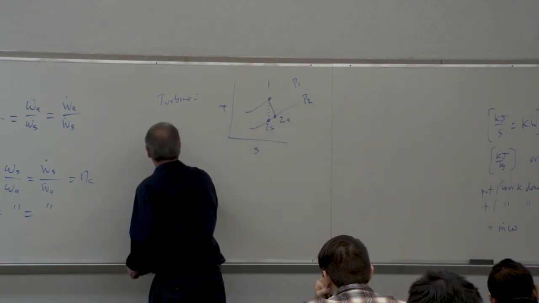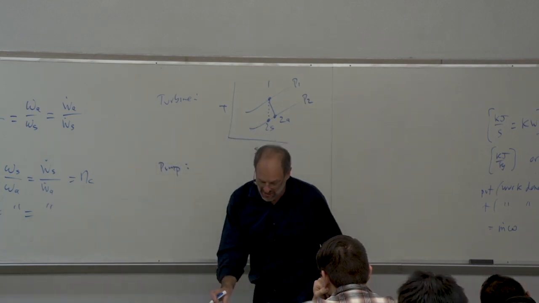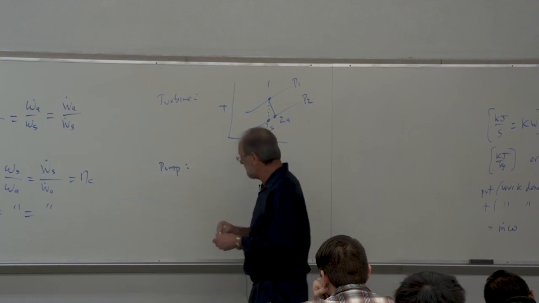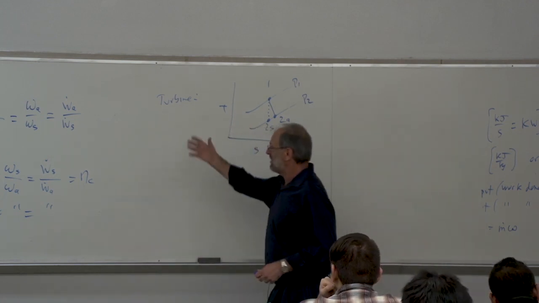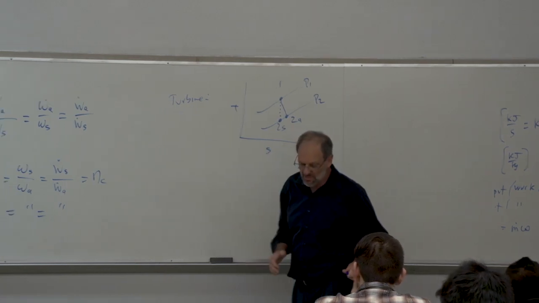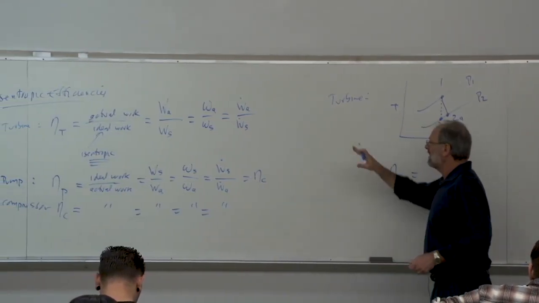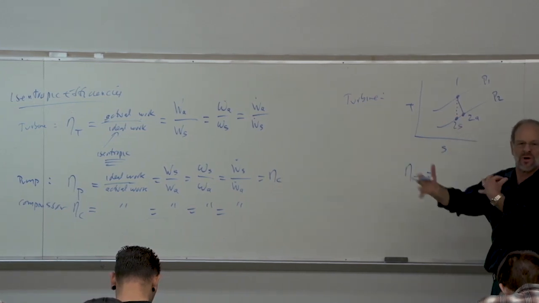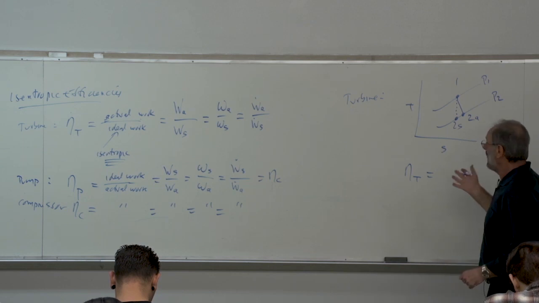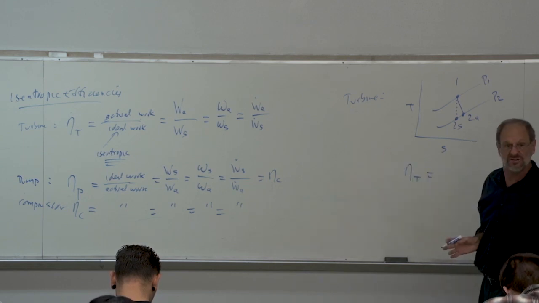Now, if we look at a pump, oops, I guess I better give you the equation before I talk about the pump, right? So what does this mean from the standpoint of the equation? Well, let's go back to our isentropic efficiency equation for our turbine. What is the actual work going to be? I'm just going to write this on a per unit mass basis. Well, it's going to be the enthalpy change, right?